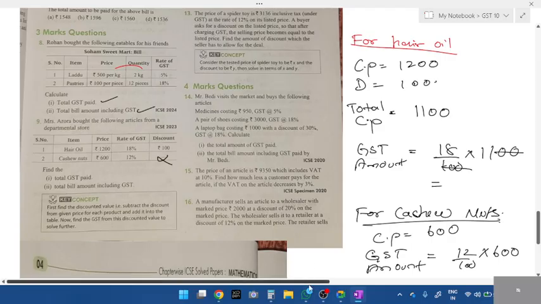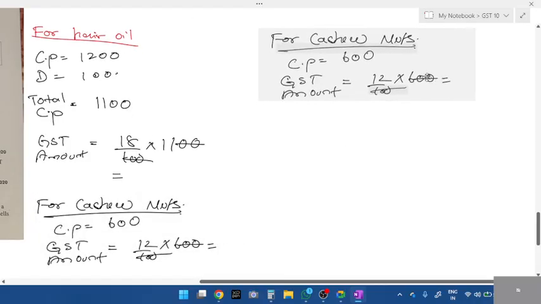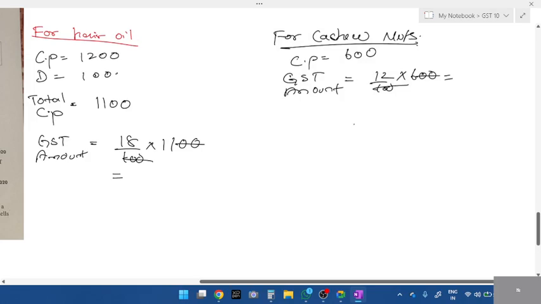Total GST, total bill including GST. What's the answer, students? What did you all get? 18 into 11? 198.